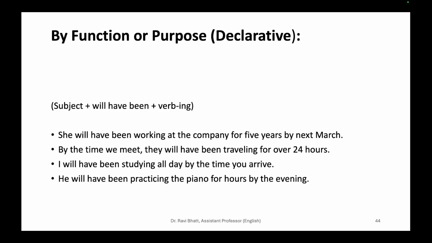She will have been working at the company for 5 years by next March, or by the time we meet, they will have been traveling for over 24 hours, or I will have been studying all day by the time you arrive, or he will have been practicing the piano for hours by the evening. Now, these all are declarative statements.